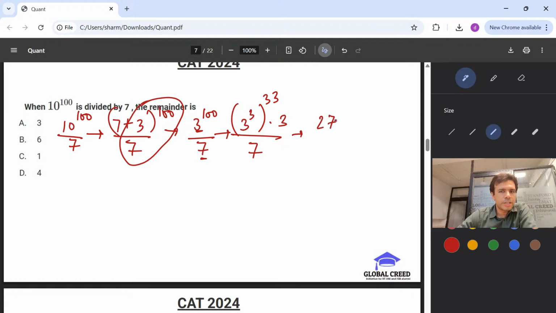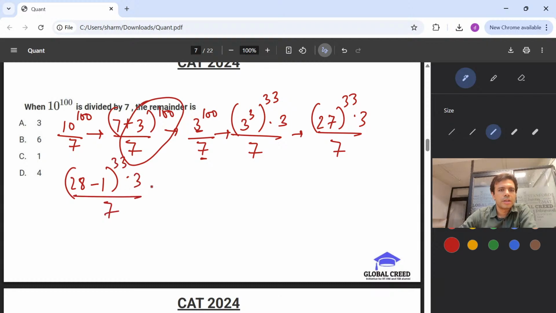I will write it as 27 to the power 33 into 3 by 7. If we write it down, it would be (28 minus 1) to the power 33 into 3 upon 7. Now, if we take this out, you will get minus 1 to the power 33 into 3 by 7.